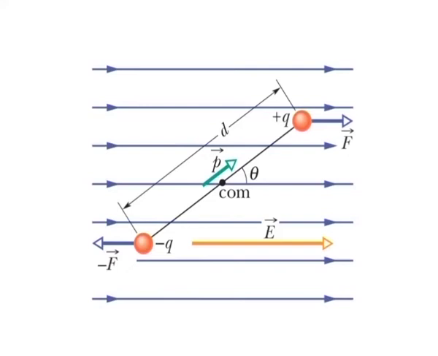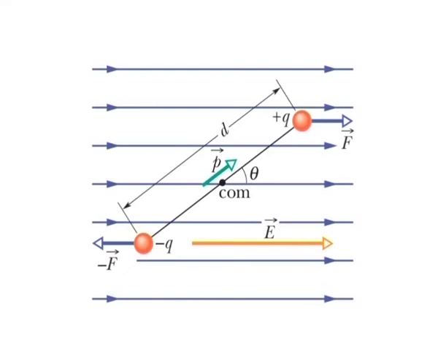Electrostatic forces act on the charged ends of the dipole. Because the electric field is uniform, those forces act in opposite directions and with the same magnitude, F equal to qE. Thus, because the field is uniform, the net force on the dipole from the field is 0 and the center of mass of the dipole does not move.